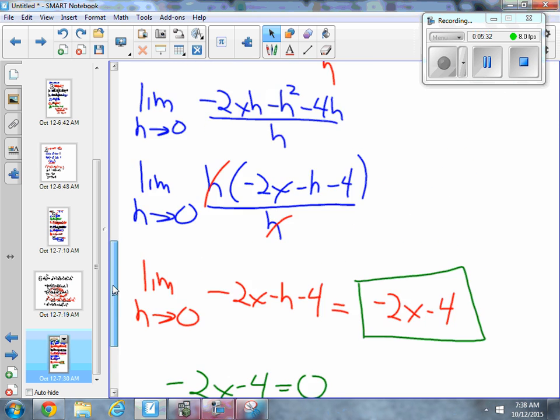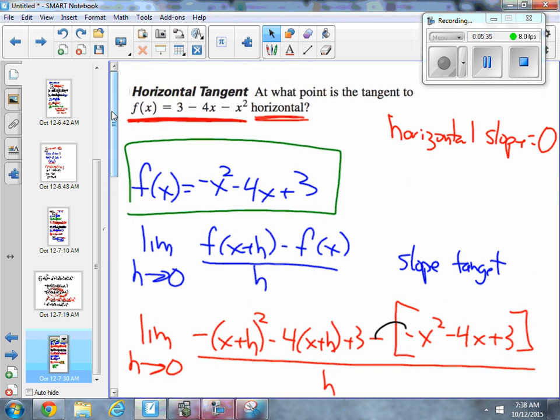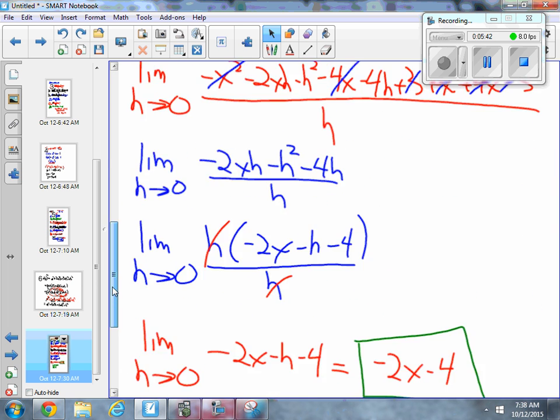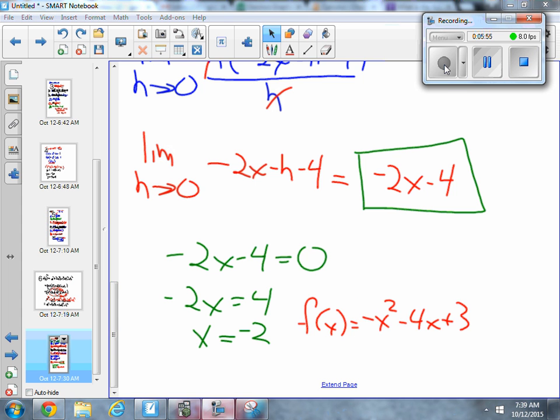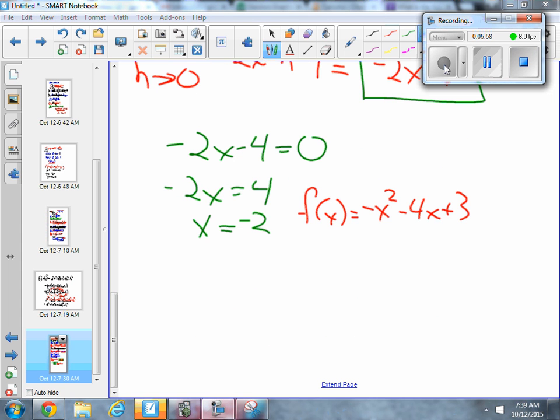The original question asked me at what point is the tangent horizontal. Well, I've got my x value now of negative 2. So what I need to find is the y value. I need to find f of negative 2. Here's my function. Let's evaluate it for negative 2. So f of negative 2 equals negative 2 squared minus 4 times negative 2 plus 3.